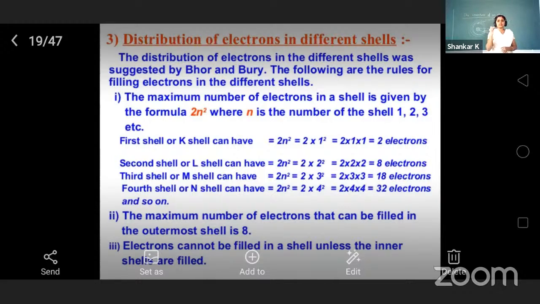The first shell, the K shell, has number 1.